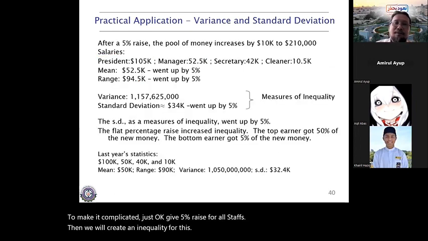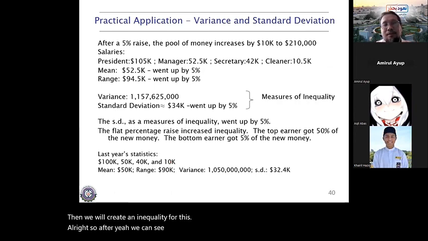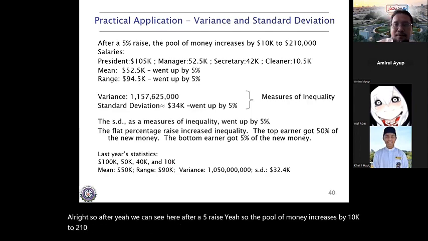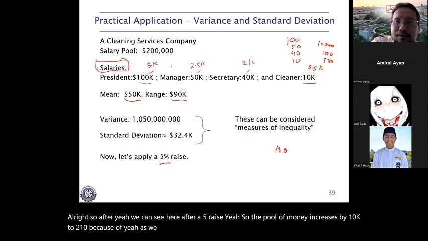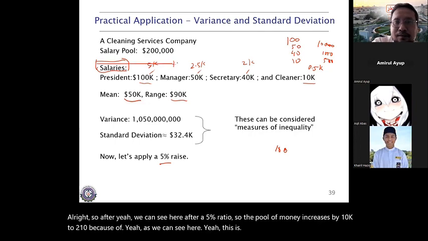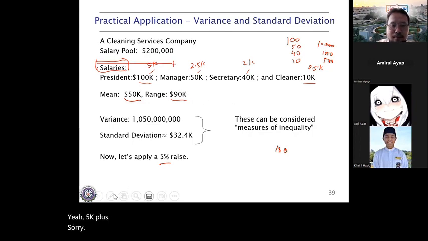After a 5% raise, the pool of money increases by 10K to 210K. Because we increase the salaries: 5K plus 2.5 plus 2 plus 0.5.